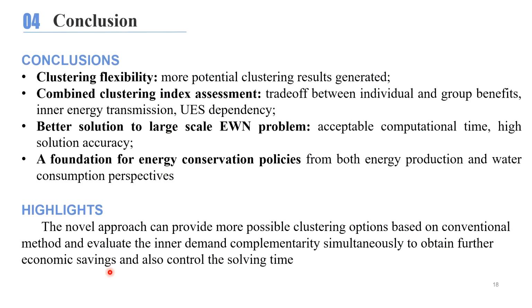Such index assessment can consider the trade-off between individual and group benefits, enhance the inner energy exchange among buildings, and control the computational time to the accessible range so that lower cost and more computationally efficient optimal system designs can be achieved.